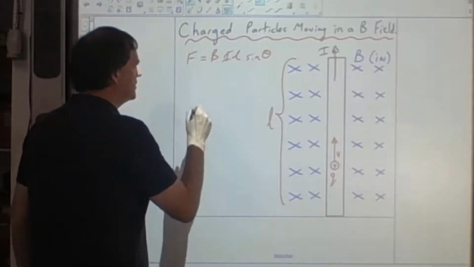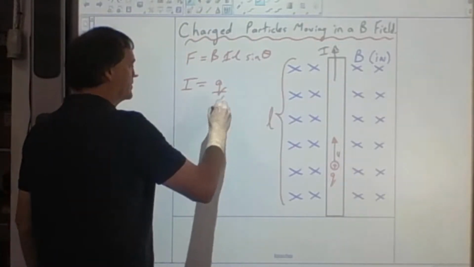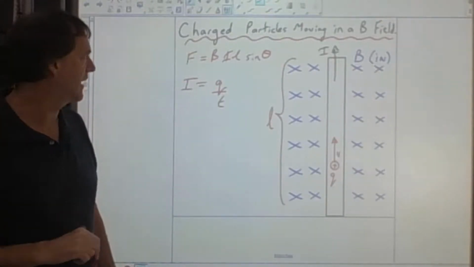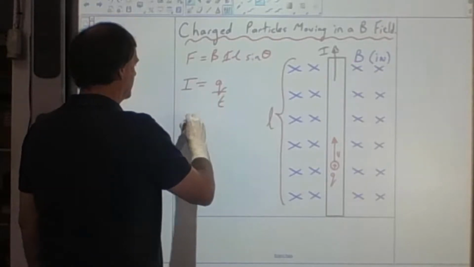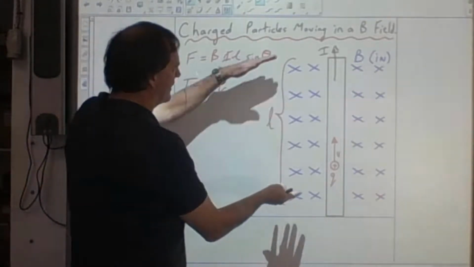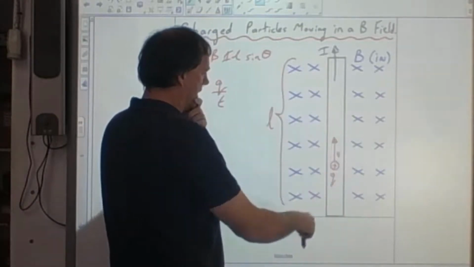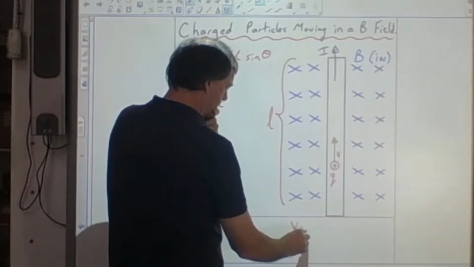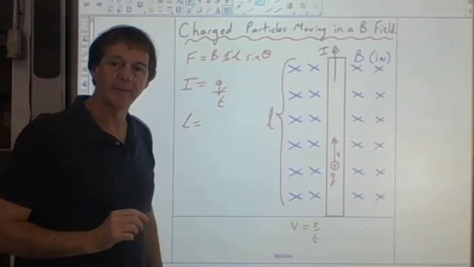By definition, current is equal to the quantity of charge over the time. It's the rate of charge flow, so don't forget that one. So we can substitute that into here. We need a formula for length though as well. So how would the length be related to the velocity of that proton coming through this length of wire? The velocity of a proton going along a length of wire would be the displacement over the time.